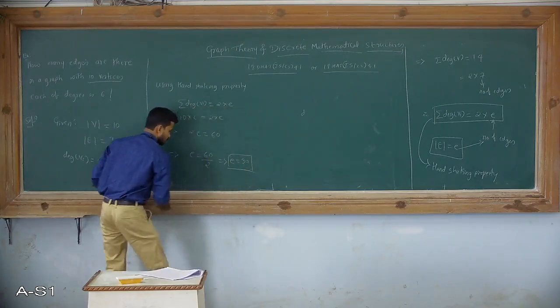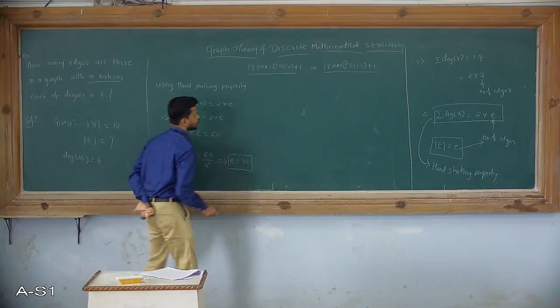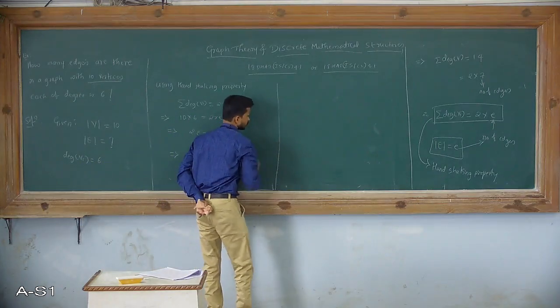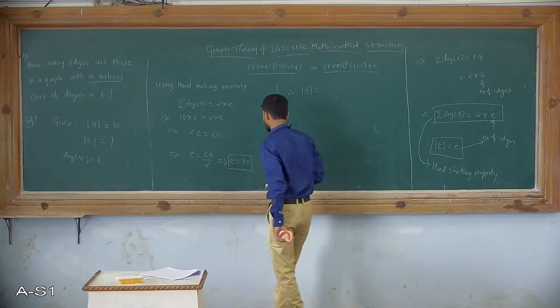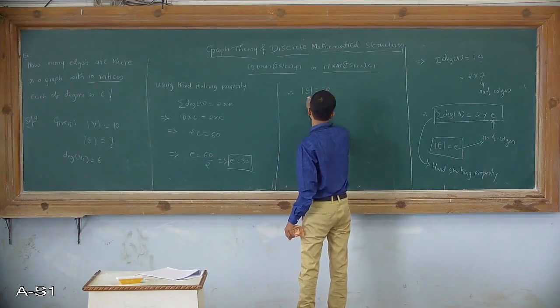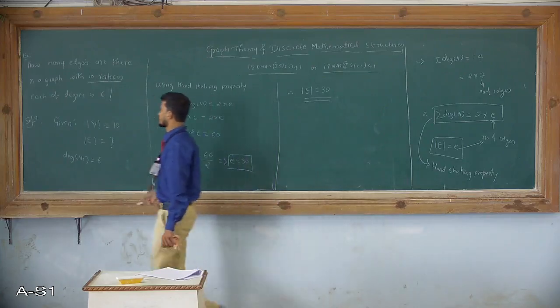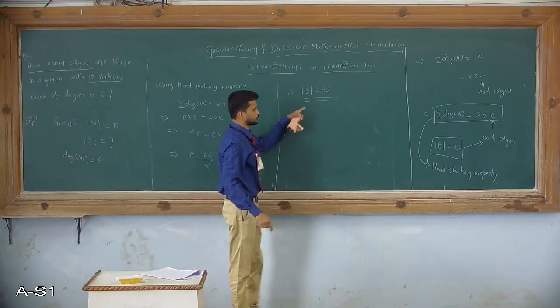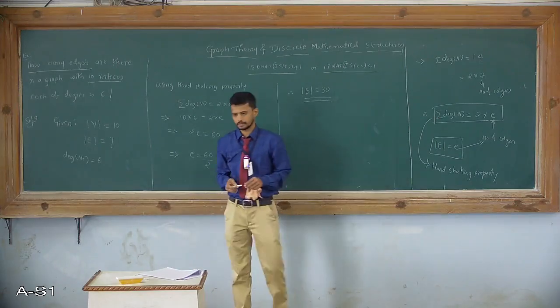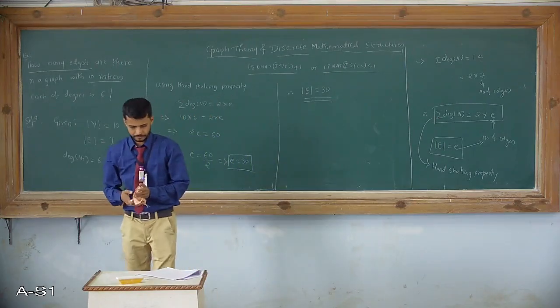Therefore the cardinality of E, the number of edges in this graph, is 30. We needed to calculate how many edges are there in this graph, so the answer for this question is that 30 edges are present in this graph.